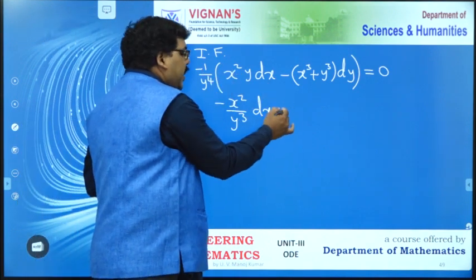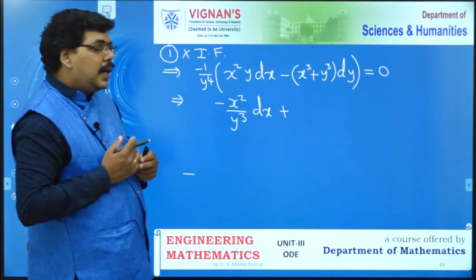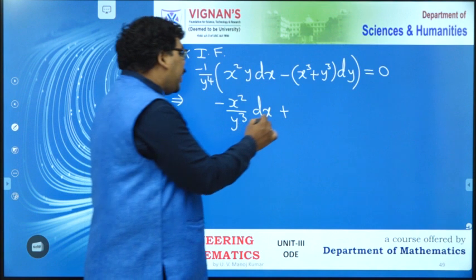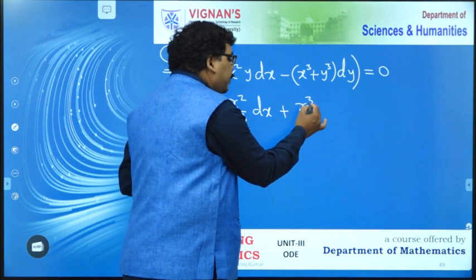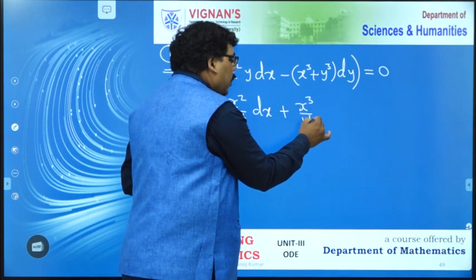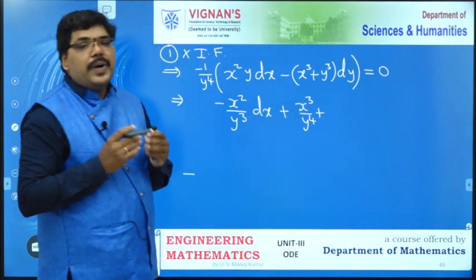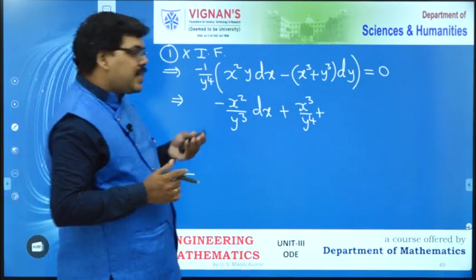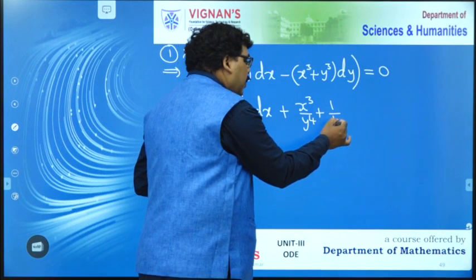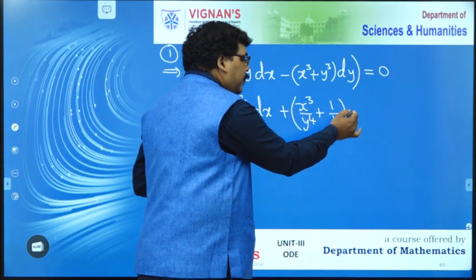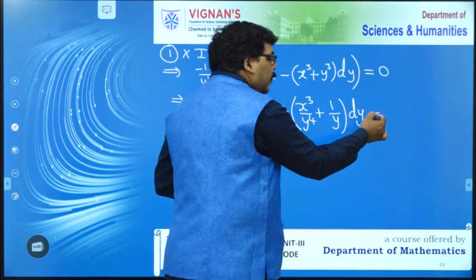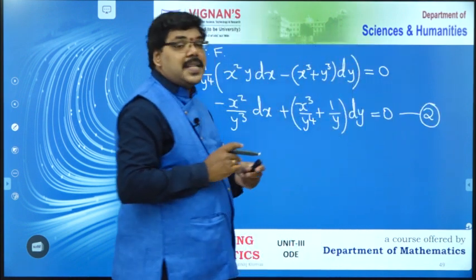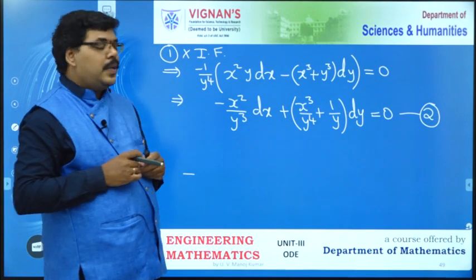If you multiply this minus with this minus, plus, and what remains? x cube by y power 4 plus y cube by y power 4. y cube, y power 4 cancels. What remains?